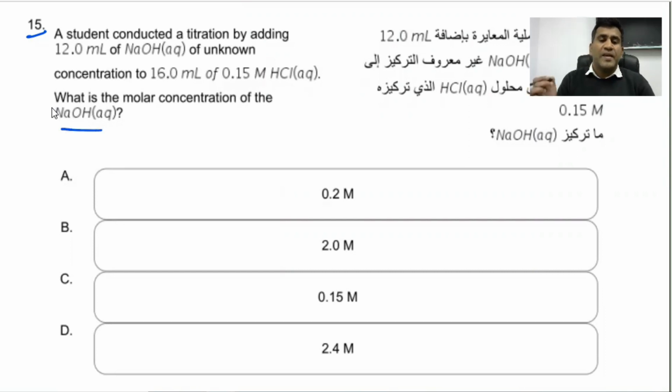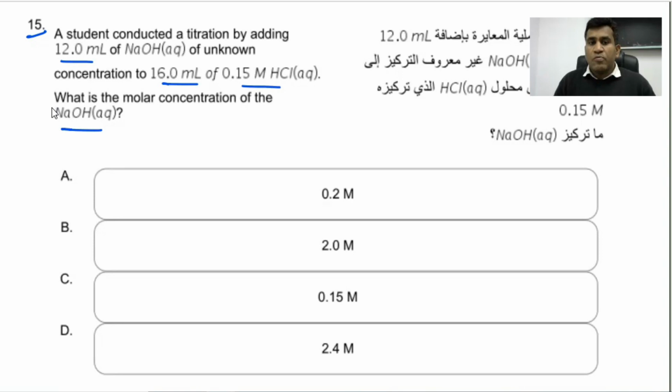Titration is simply adding a solution dropwise to find the concentration of an unknown. So now, what is the molar concentration?